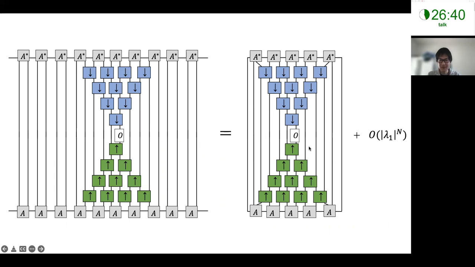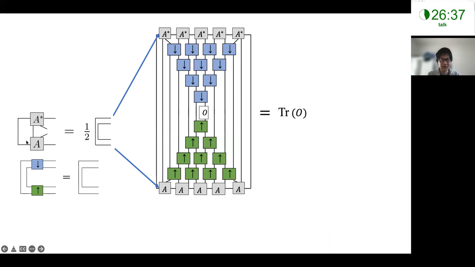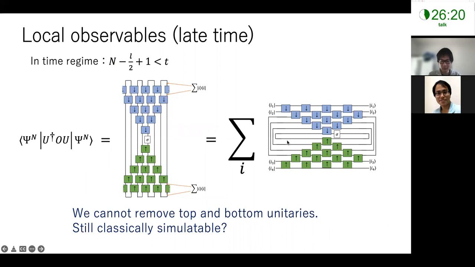So this is equal to here, and by using the definition of A and the unitary gate, we can eliminate these tensors again, and the local expectation values are equal to trace O. So that was early time, and let's turn to the late time regime, that is, time is larger than the system size. Local expectation value is written like this form.